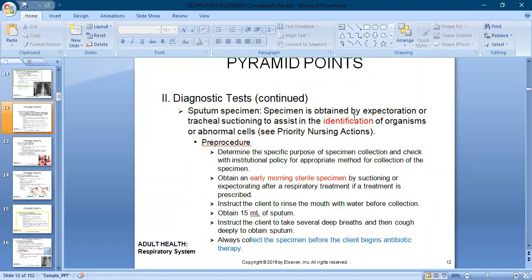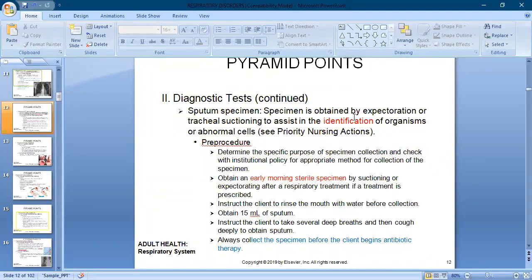A specimen obtained by expectoration or tracheal suctioning to assist in the identification of organism or abnormal cell. Identification of organism, right? So, sputum collection.